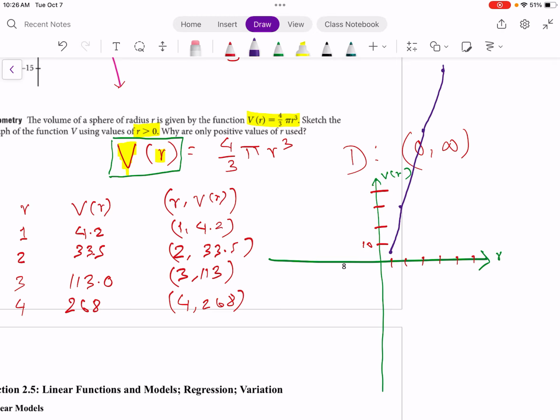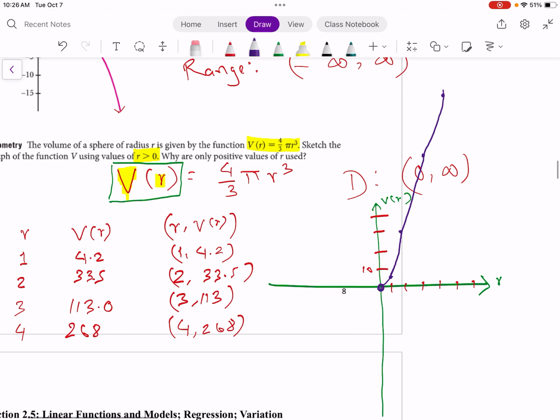So we can extend this graph all the way up to 0, but when you are at 0, we must have an open circle, because 0 is not included. Okay, so that is an open circle. But we can have any number greater than 0. So this is the graph for this volume function.